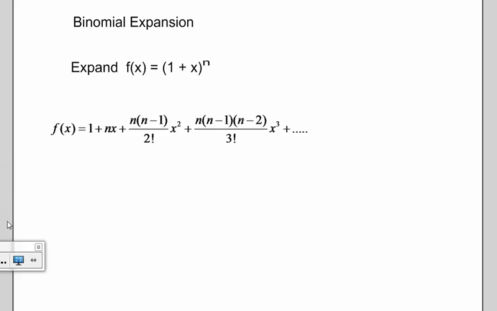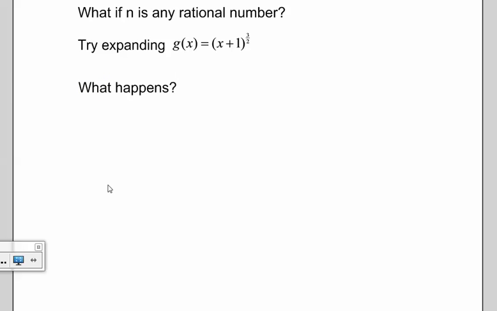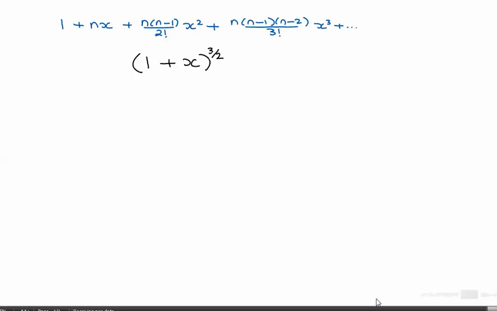Now in C4 we're going to extend that idea and we're going to ask ourselves, well, what if n is any rational number? And we'll try expanding this expression here, (1 + x)^(3/2), and we'll see what happens. Now I've written out my expansion and the expression I want to expand, and let's do that.